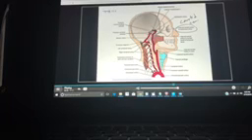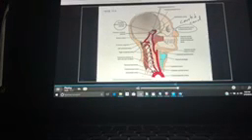The vertebral arteries enter through the foramen magnum. And then notice here, as it goes up, the vertebrals converge and the median forms the basilar artery, and then it communicates with the internal carotid through these posterior communicating arteries. And as you can see here, it forms the so-called circle of Willis.